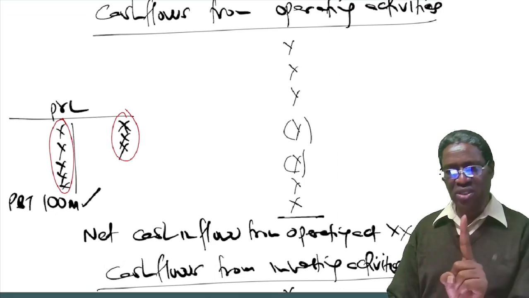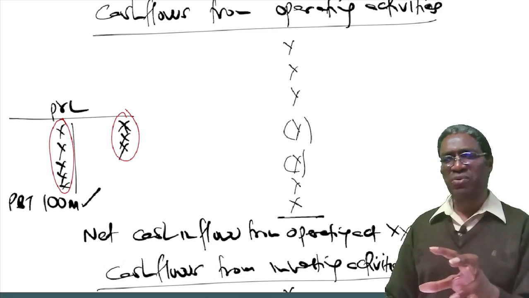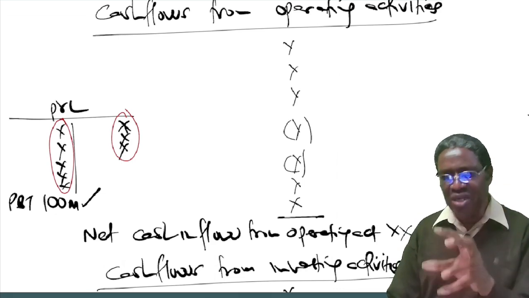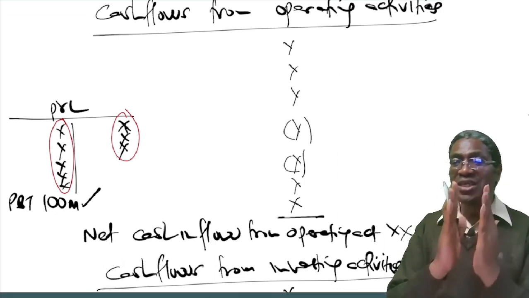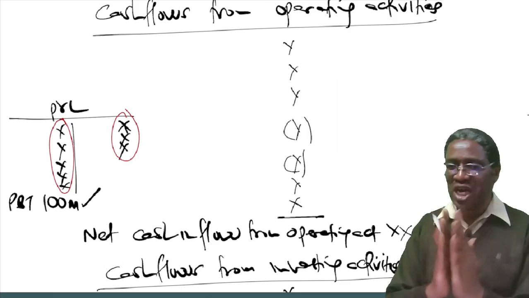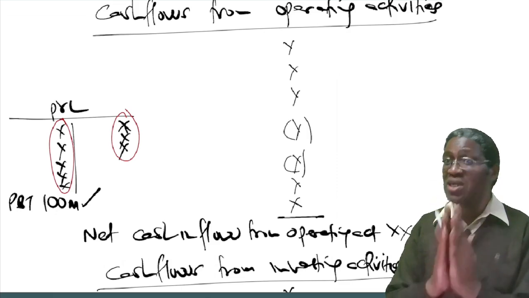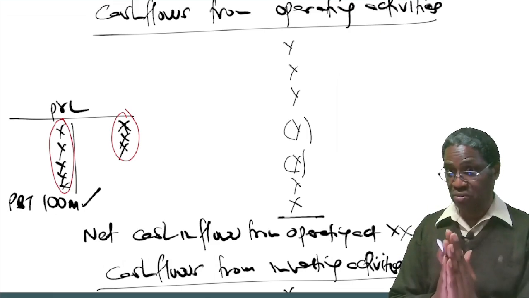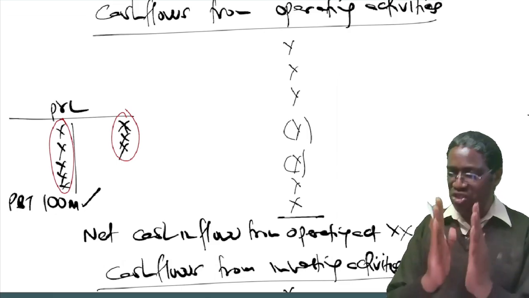But the question is this: is it true, therefore, that 100 million is the true net cash inflow from operating activities? The answer is no.